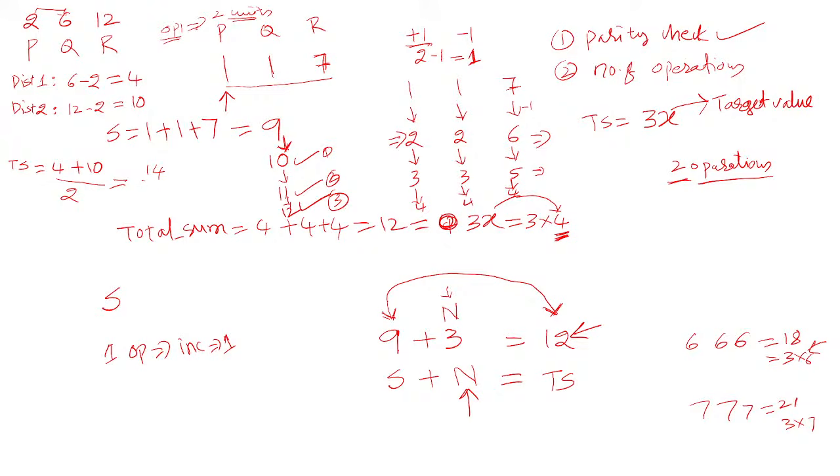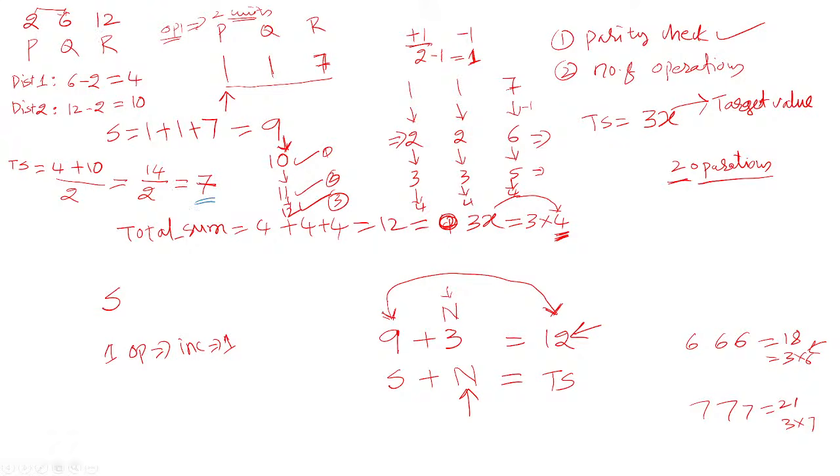So if you divide this 14 by 2, then you will get the total number of operations required to make them equal. Got it? I'll take a different color pen here. Got the solution? 7 we got.